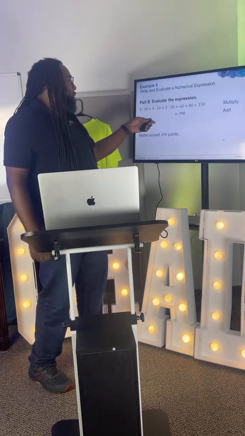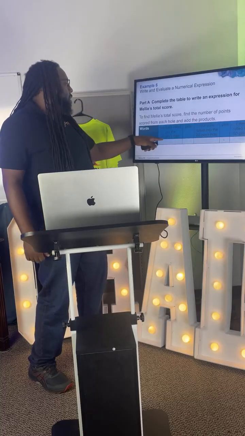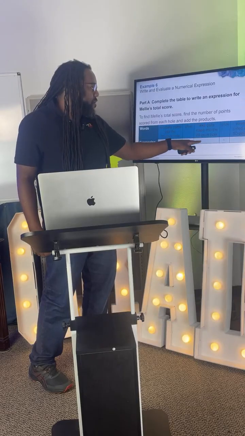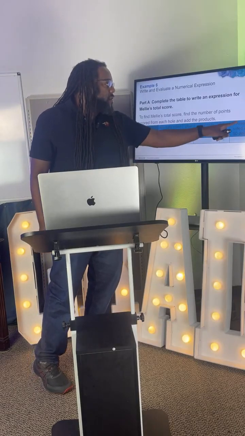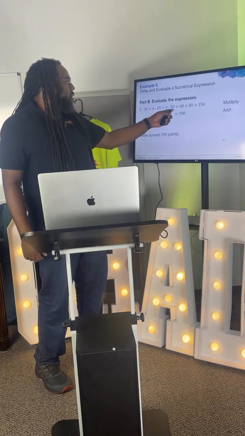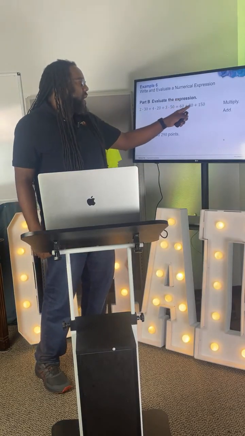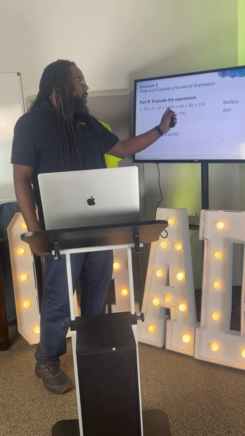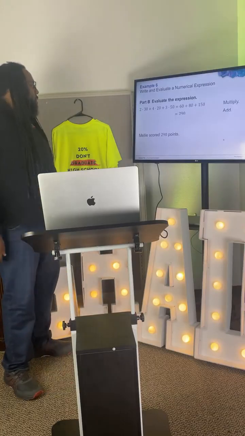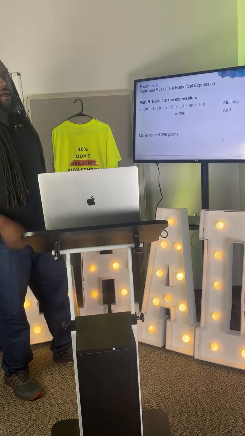And we're evaluating those. And so go back here, we have the 2 times 30 plus the 4 times 20 plus the 3 times 50. And that's what we have over here. And so that's the 60, the 80, and the 150 that we add together to equal the 290 as our sum. Melly scored 290 points.